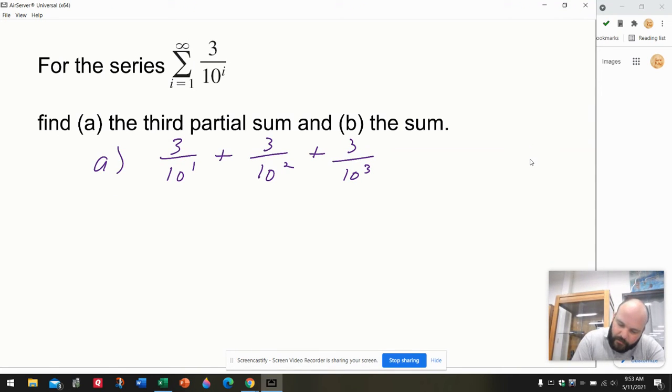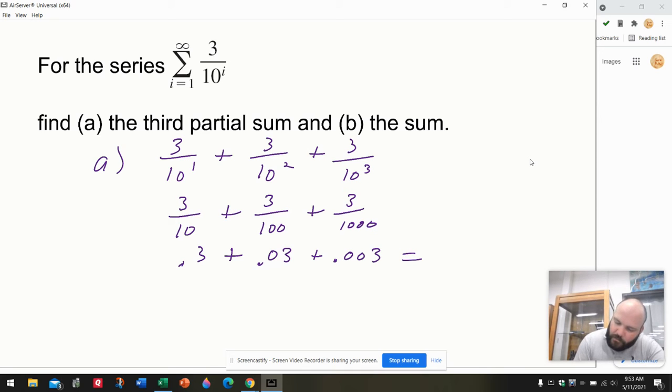So 3 over 10, this is 3/10, and then this would be 3/100ths, and this would be 3/1000ths. Now, 3/10 is 0.3, 3/100ths is 0.03, and 3/1000ths is 0.003. So when we add those up, we end up with 0.333. That is called the third partial sum because we added up the first three terms.